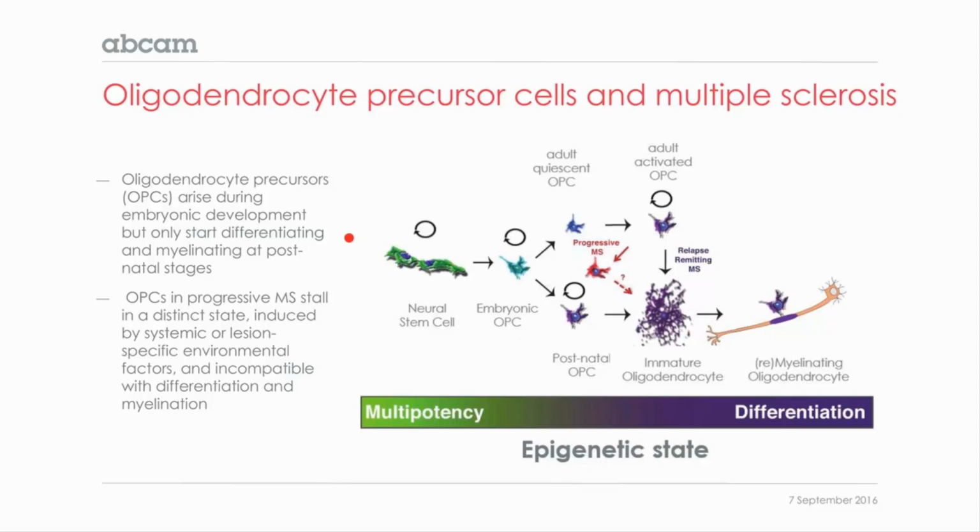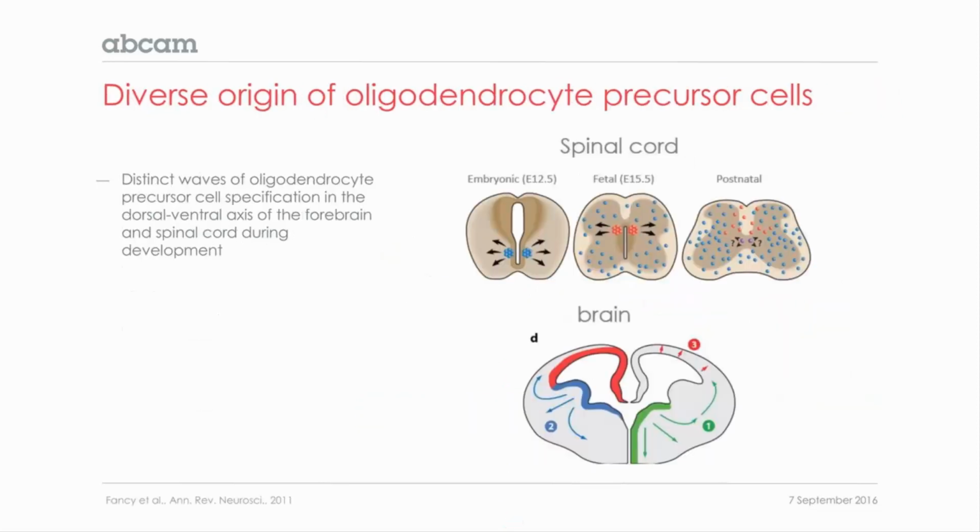Now, as I told you, oligodendrocytes are first specified embryonically, and studies from several groups have shown that there are distinct waves of oligodendrocyte precursor specification, with the first wave occurring both in the spinal cord and in the forebrain around embryonic day 12.5, then a second wave at embryonic day 15.5, and then a third final wave at postnatal stages.